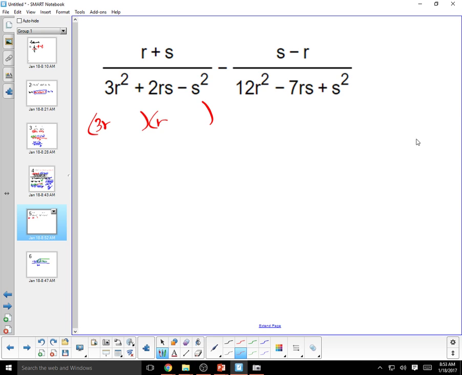3R, R, S, S. That's 3 RS. There's that factored. Over here, this should be S, S. 3, 4. Is it both negative? Yeah, because it's both.